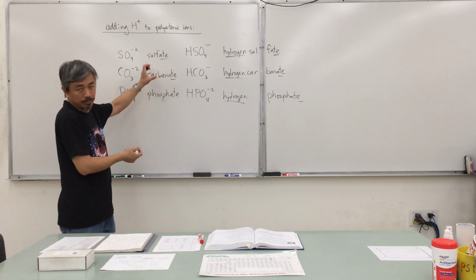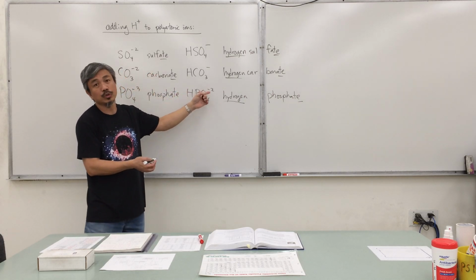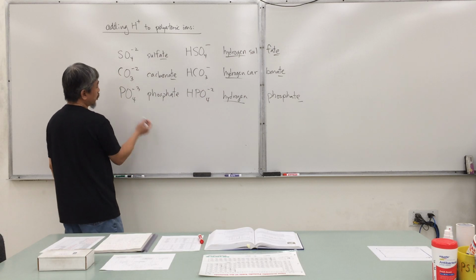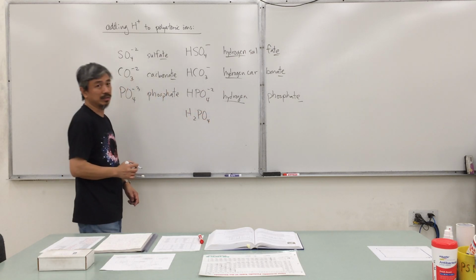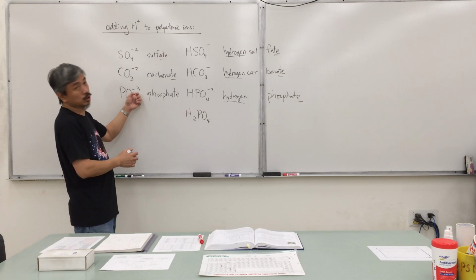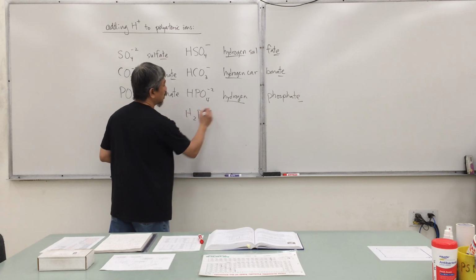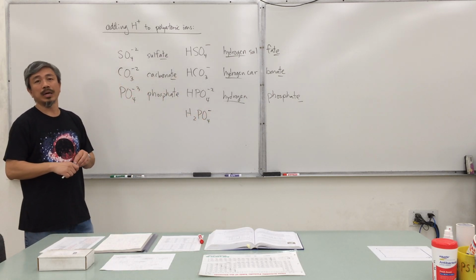What if there's another hydrogen plus ion floating around, and it again gets attracted to this -2 charge and comes together with it? Is it possible then for me to have 2 of those connected to my phosphate? The answer is yes. When you bring 2 of the +1 ions in, you neutralize 2 of the negative charges, you still have a net -1 charge. So this is going to be another possible polyatomic ion.